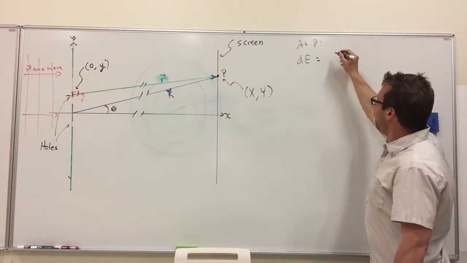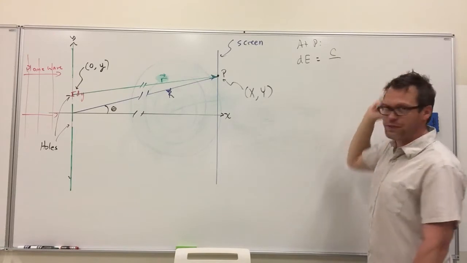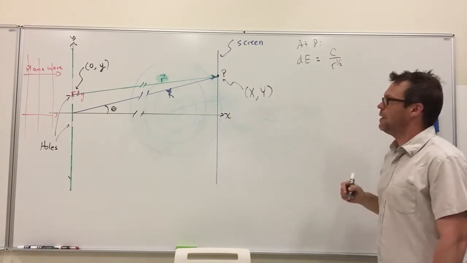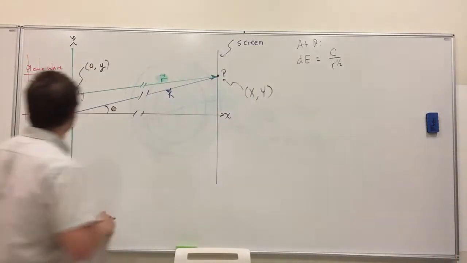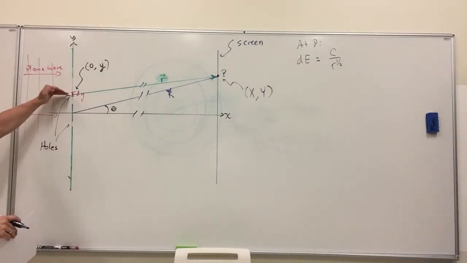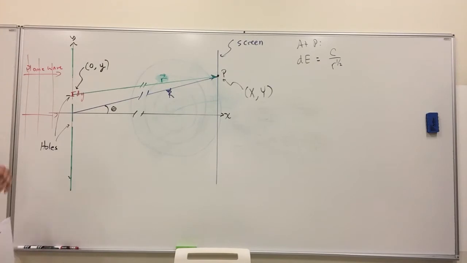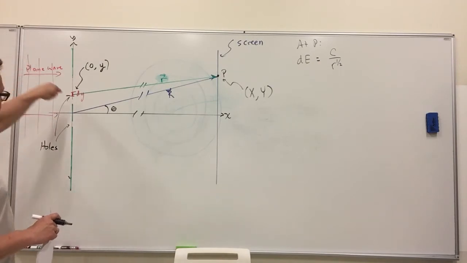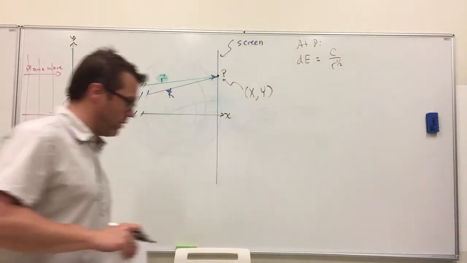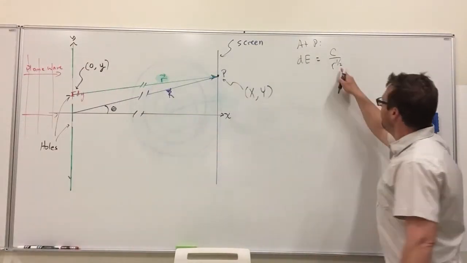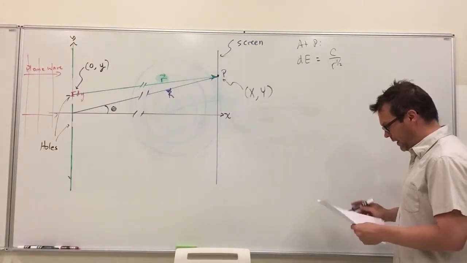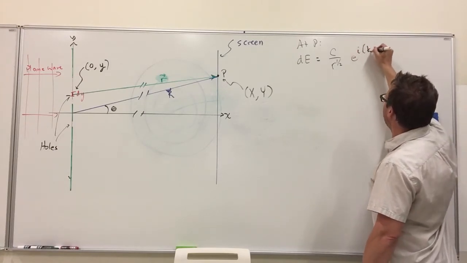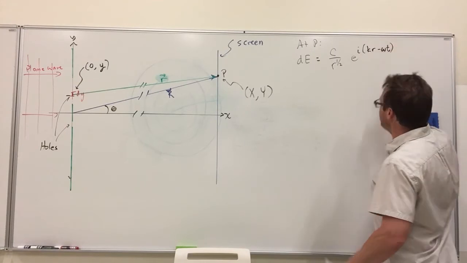And as we said before, that's going to be some bunch of stuff that I don't really care about that much over r to the 1/2, because you have to imagine that this source is sort of an infinite line in the yz plane. So that gives me an r to the 1/2 down here. And there's also going to be an e to the i(kr minus omega t).